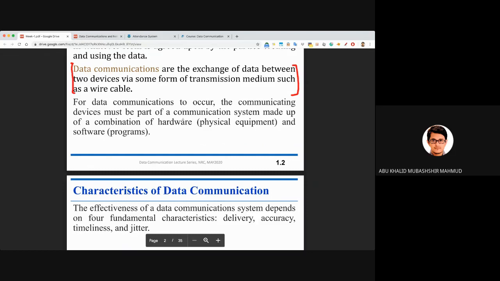I'm giving you your lecture from my laptop, the physical equipment, and we are using Google Meet, which is a software program. Now let's delve deeper into our course.